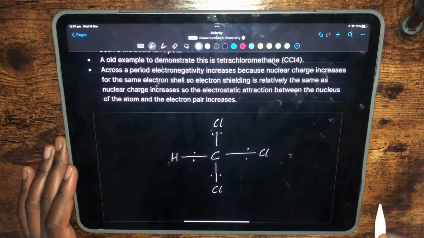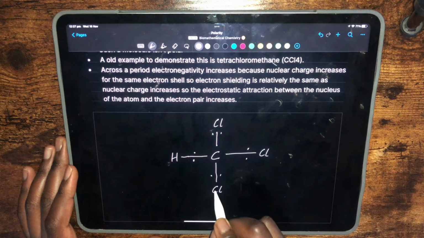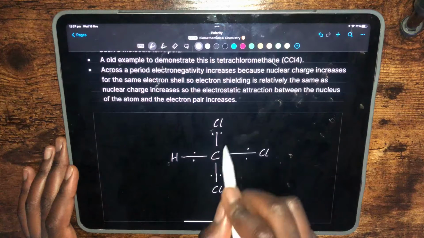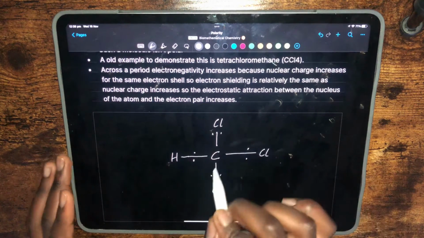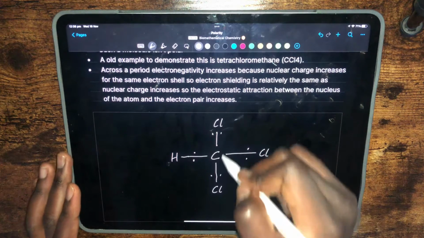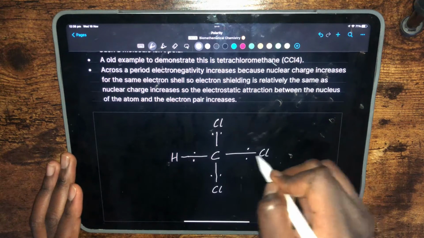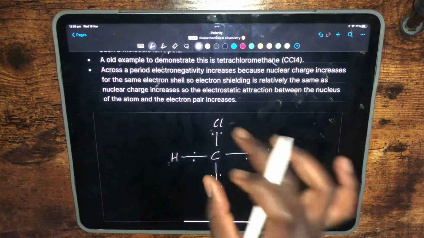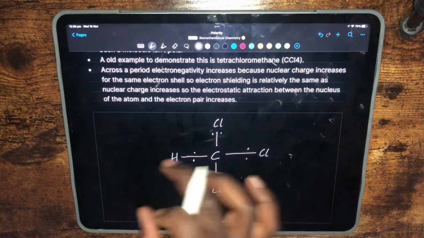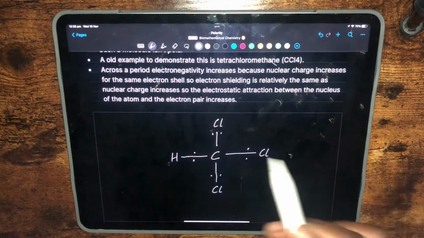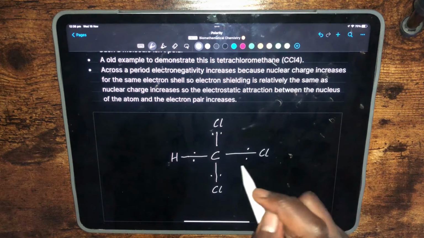But as you see here, they're not equally getting pulled. Here it's getting equally pulled, here it's getting equally pulled on one side, but here it's not the same. It's not the same as the other bonds. It's a clear charge separation.